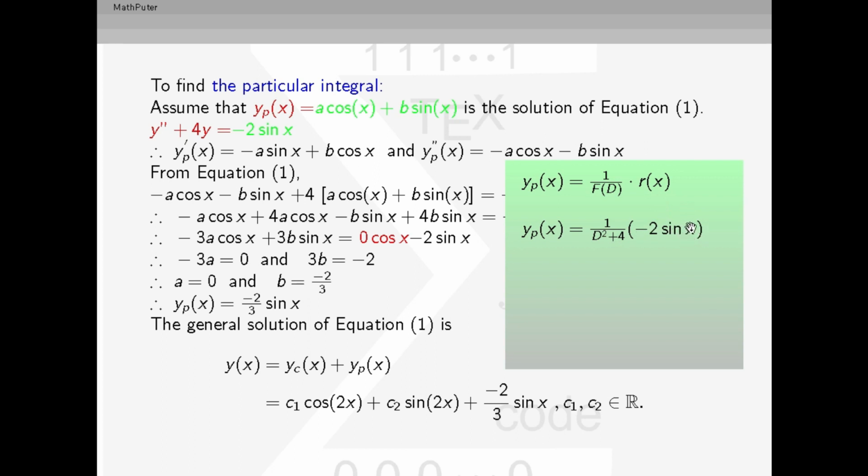Okay, now this sine x, I am writing sine x as sine 1 into x, and I am concentrating on this 1 which is blinking here. Now see, where I am using this 1, I am using it at this D square. How do I use this D square?